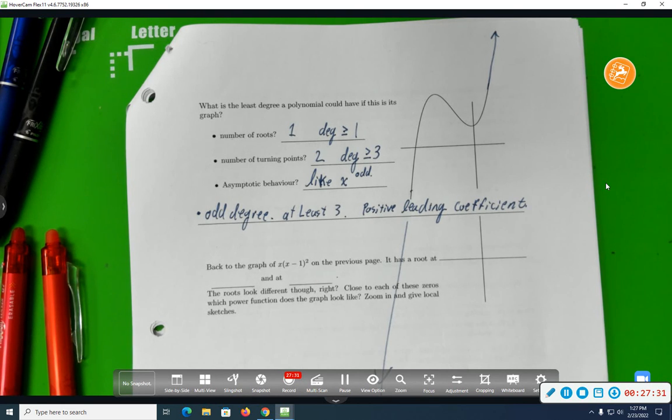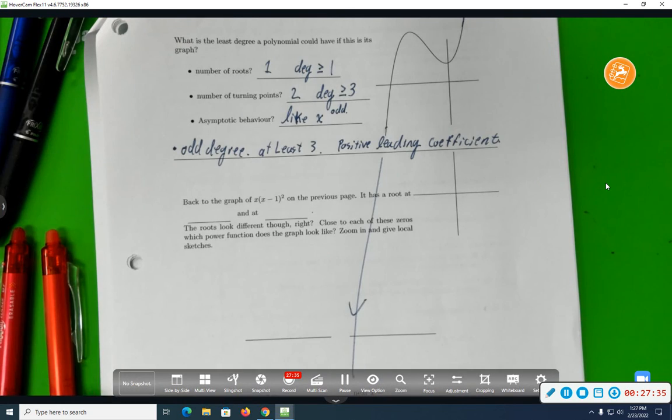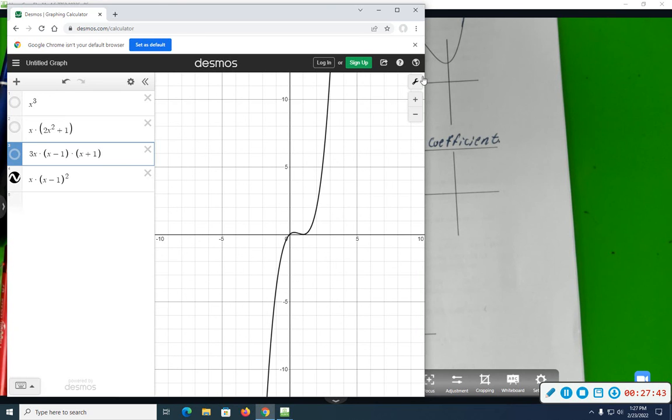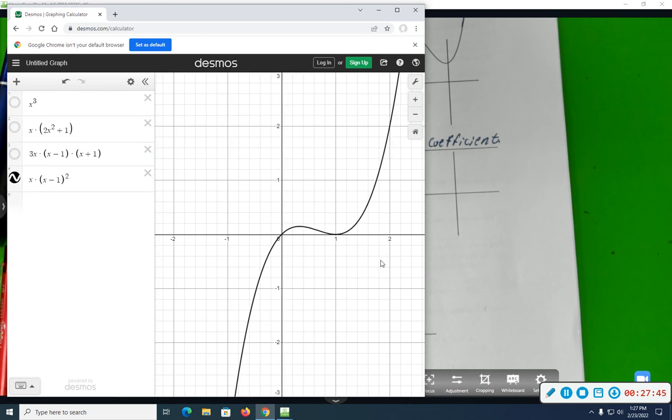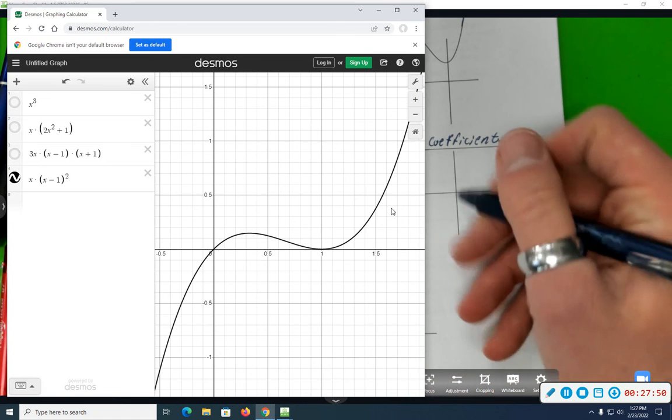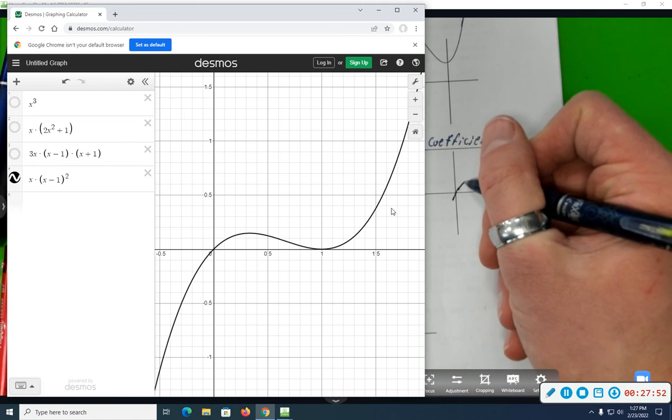So let's go back to x times x minus 1 squared, which you can go back to the previous page to look at, but I guess I still have it pulled up right here. So its graph looks something like this.